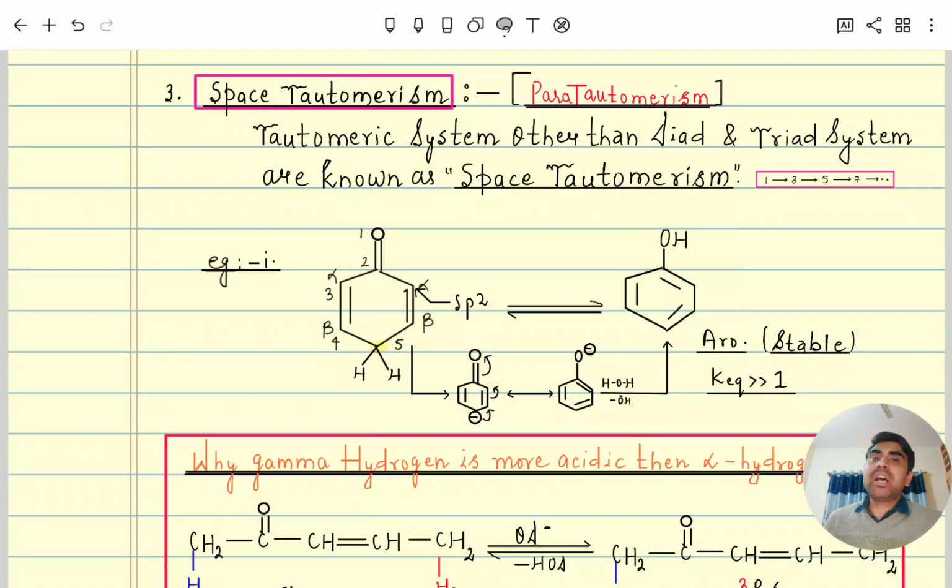If those positions are sp3, then from there we will abstract H plus in basic medium, and that carbanion, according to the resonating structure, will reach from high electron density to low electron density O minus, and again it will abstract H plus from water and it will become enol, means overall that tautomerism will occur.